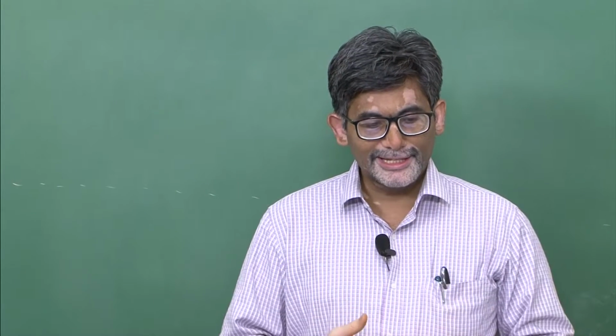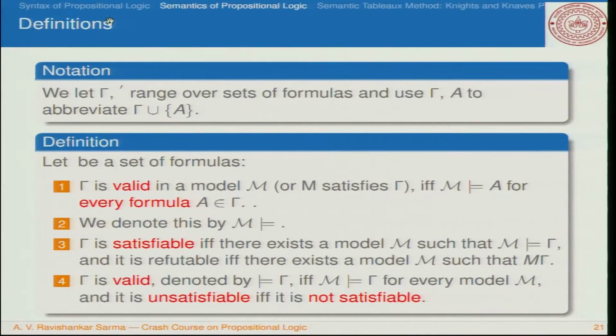So the notation goes like this: if you take gamma as some set of formulas, and we use gamma for that kind of thing, which includes all the formulas that exist in our propositional logic, and A is any propositional formula, and if you write gamma union A, it is the set of all formulas together with a given formula.